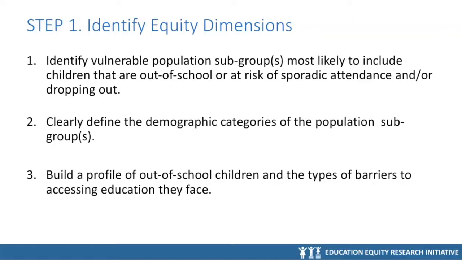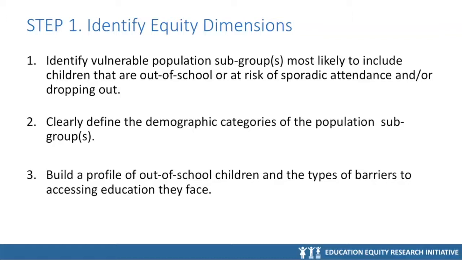I think it's also important to highlight that, to the extent possible, this initial analysis should be embedded and fully incorporated into initial educational needs assessments, as well as situation assessments, such as the Rapid Education Risk Analysis, the RERA. Also, given constant population shifts and movements in crisis and conflict contexts, it's important that this analysis is embedded in a rolling approach throughout the life cycle of the project.